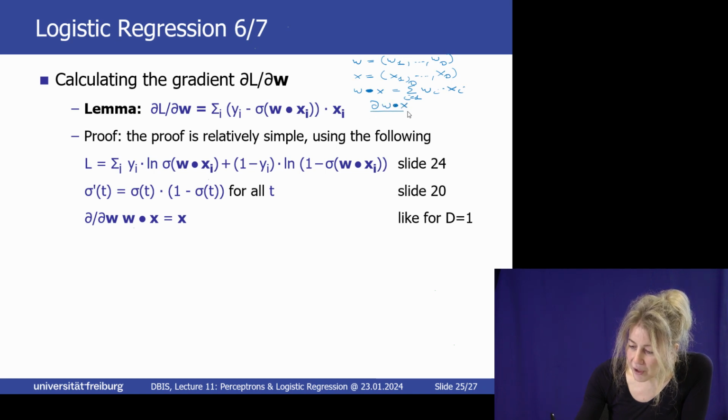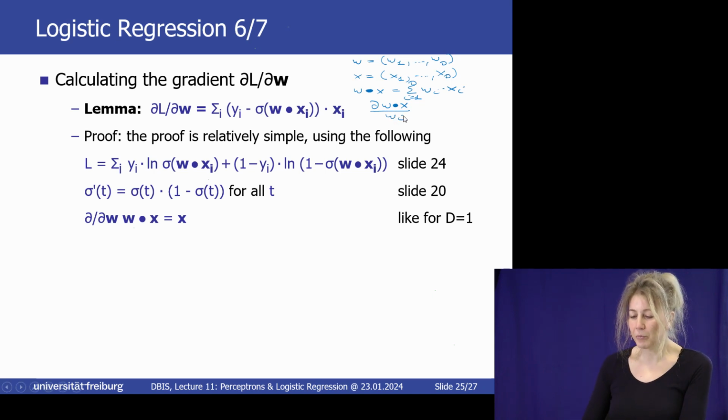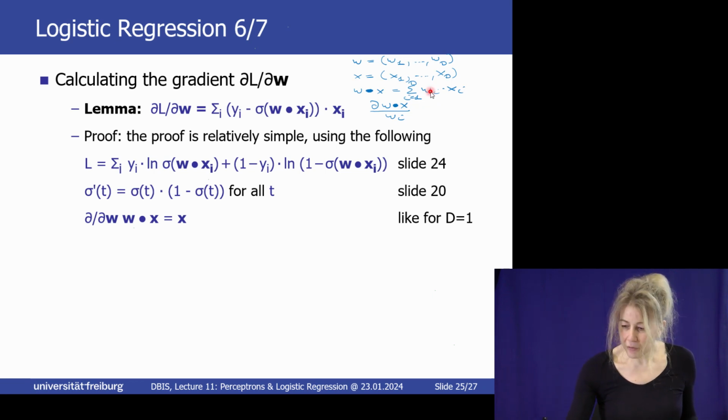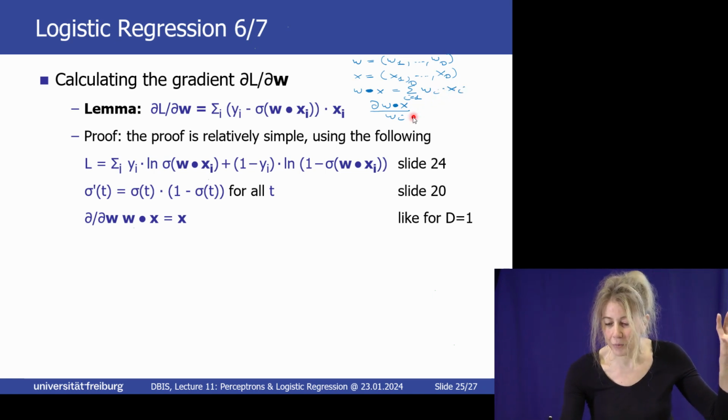Let me take the derivative with respect to one of these components, Wi. Now I have the sum of these Wi xi. Everything is constant now except for maybe it's the W5. So I just get W5 times X5. All the others are constant terms now when I derive with respect to W5.